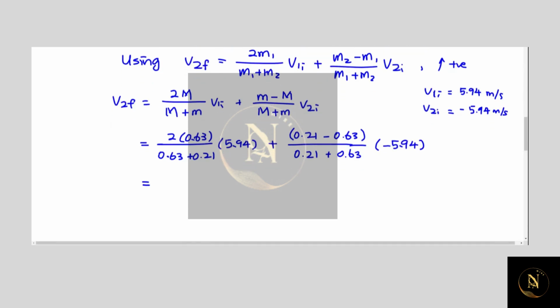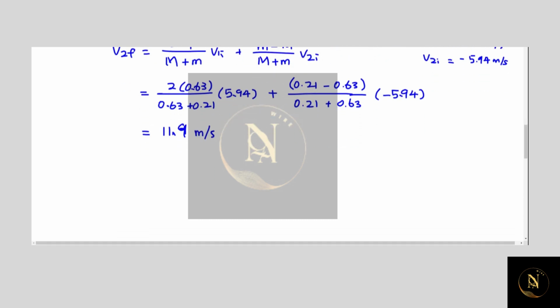You calculate this, and you get 11.9 meters per second. Then step 2, find the height that the baseball would reach.